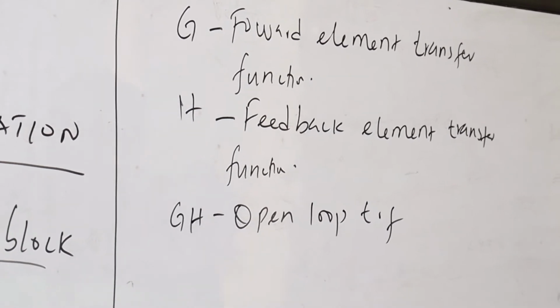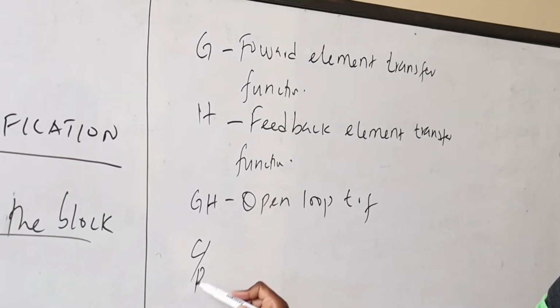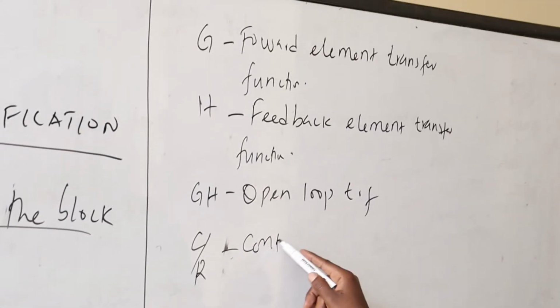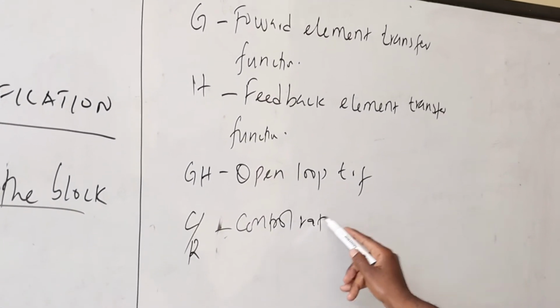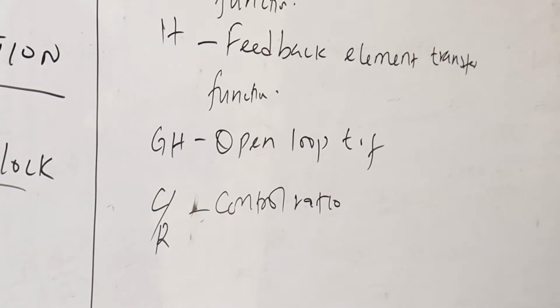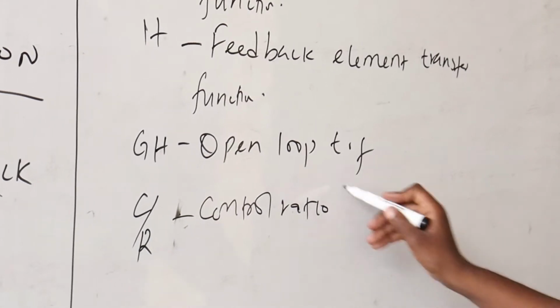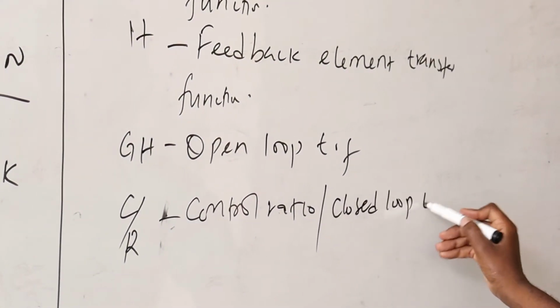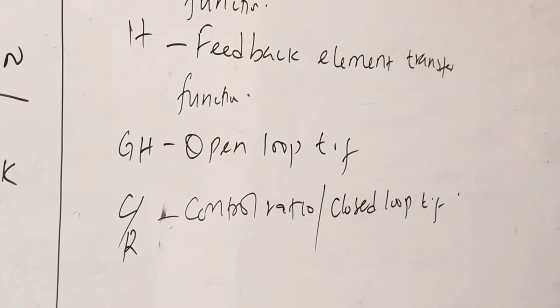Then we have C over R, which is what we refer to as the control ratio. At times we also refer to it as the closed loop transfer function. That is what we usually commonly refer to it as.